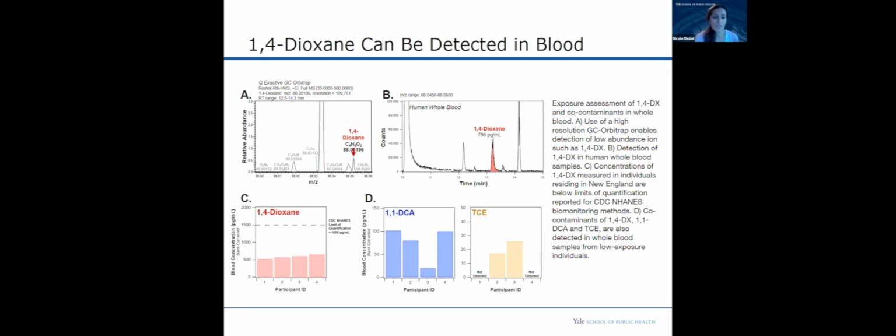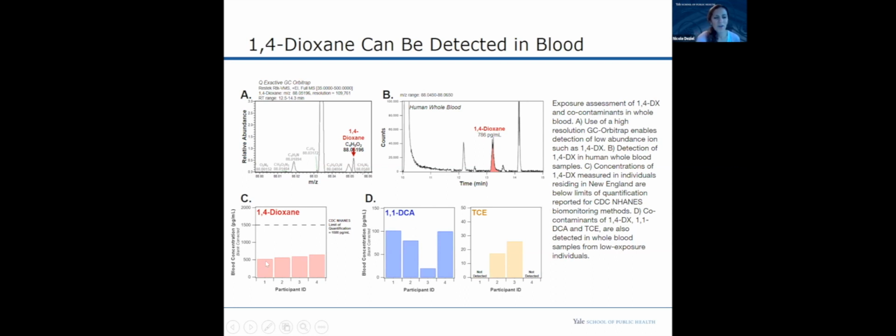And you can see that our pilot participants are at about 1/3 of that concentration, indicating the need for very high sensitivity and high resolution methods if we really want to detect this chemical in the general population. It may look like there's not a lot of variation in the concentrations, but because of this scale, I think it's masking some of the variability.